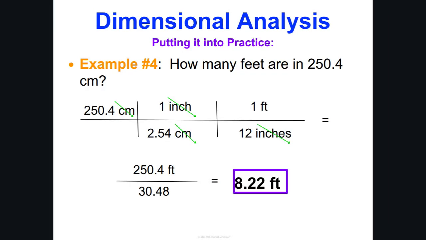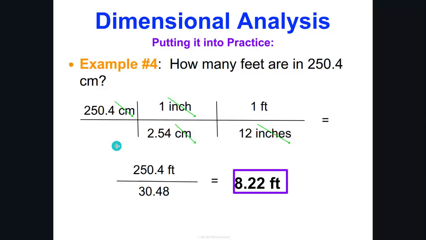Let's look at our conversion chart. Well, we can see that there is a conversion from inches to feet. There are 12 inches in 1 foot. Our inches cancel out. We're at feet, which is what we're trying to convert to. We multiply across the top, which is 250.4/10 feet.